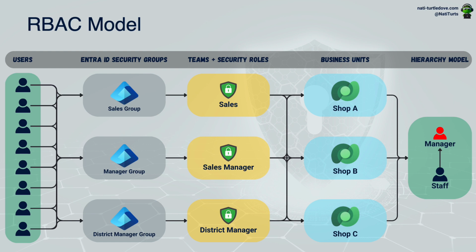But now that he's being assigned to shop B, that business unit doesn't match with that security role. So it's going to reset, and it may be that he needs to be reassigned that security role manually. And you can write other processes and flows that say, okay, retrieve it and reassign it to him. But note that when you are changing a user's business unit, there's a very, very high chance that that role is going to be lost somewhere.